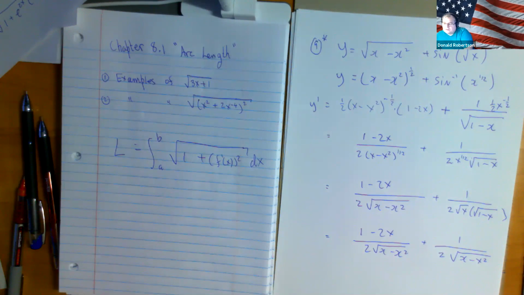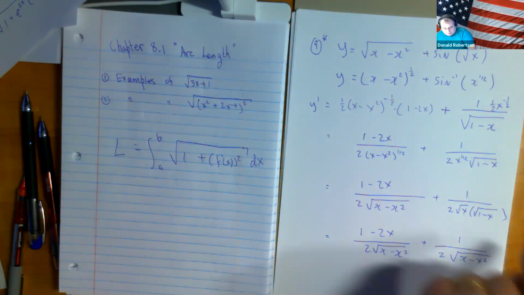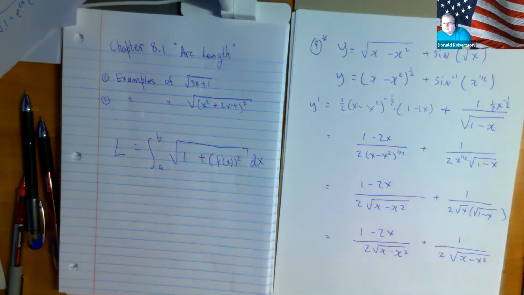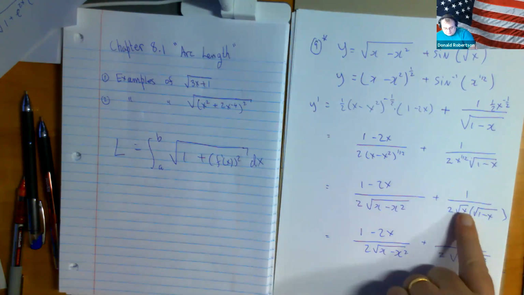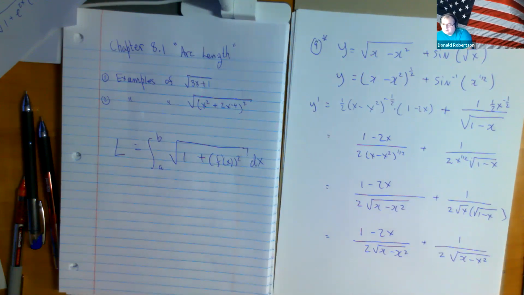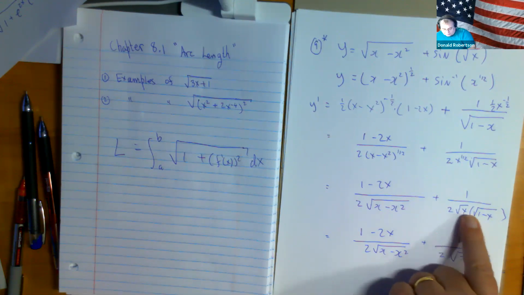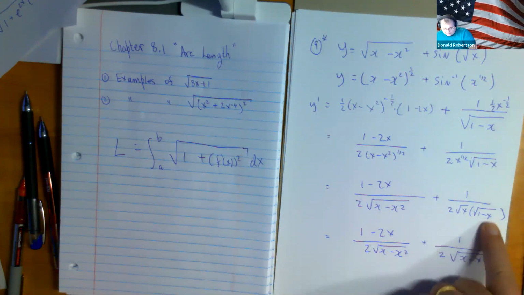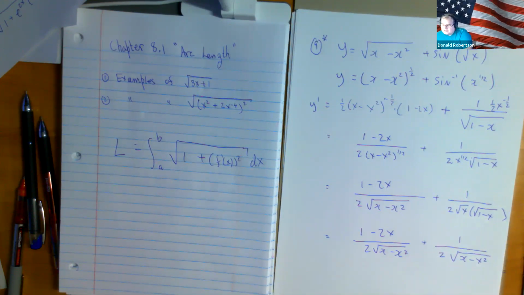Uh-oh. Can you see what I did to get this fella to become that fella? You notice that square root times square root? Can't you bring them inside and go x and x? You see that?